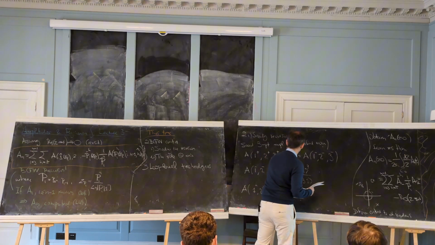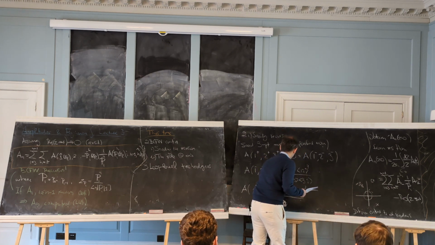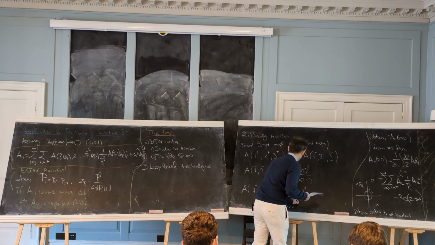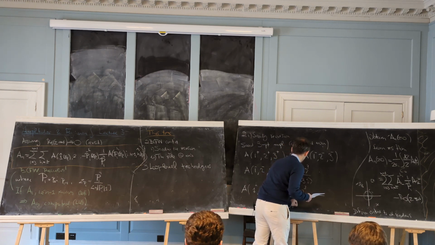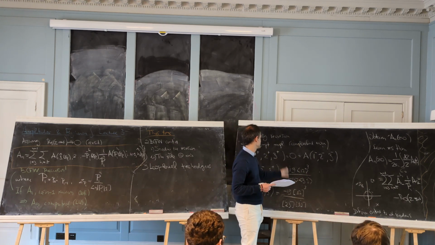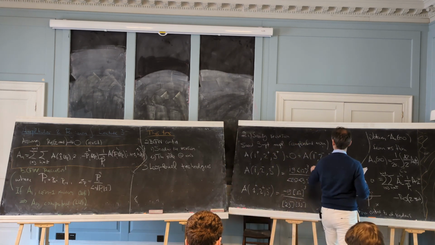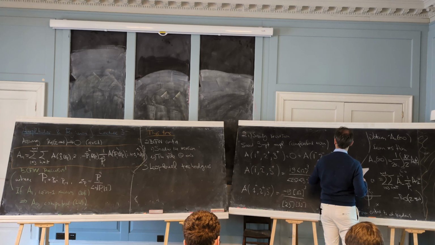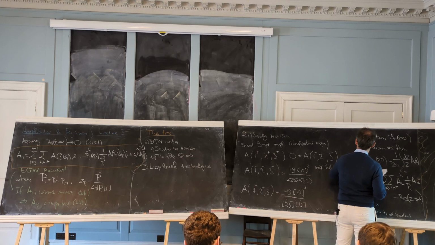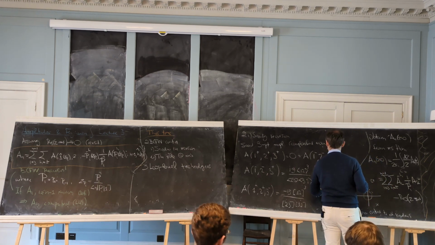It has an extra sign, out of our choice of conventions, but other than that, it's like changing angular brackets to square brackets, or if you want, it's like complex conjugating in some sense. So this is the so-called maximally helicity violating amplitude, or MHV, whereas this is the anti-MHV, or MHV bar.